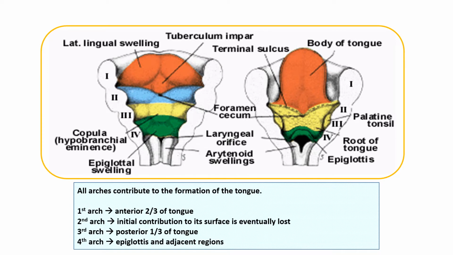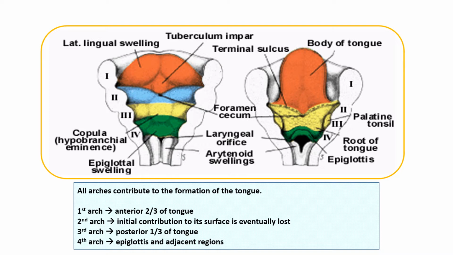And sitting immediately behind this epiglottal swelling is a black region here where you have the laryngeal orifice, flanked on either side by the arytenoid swellings.